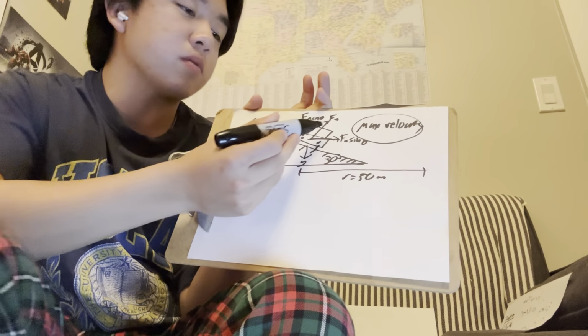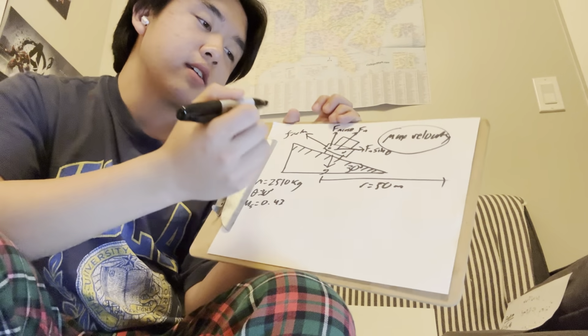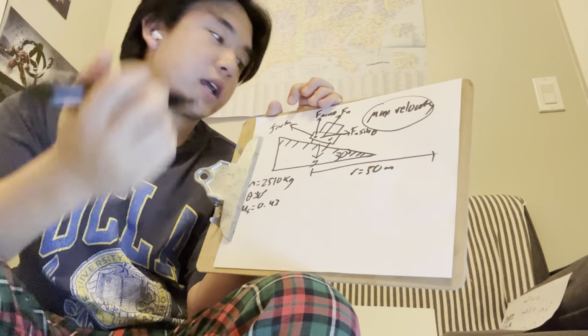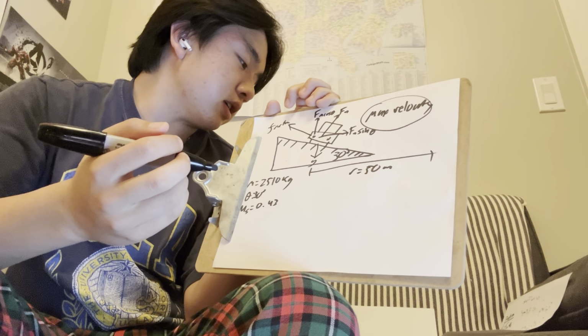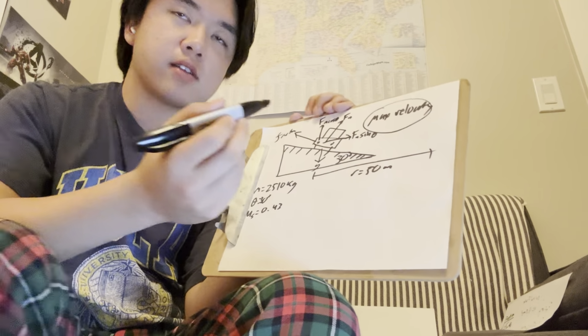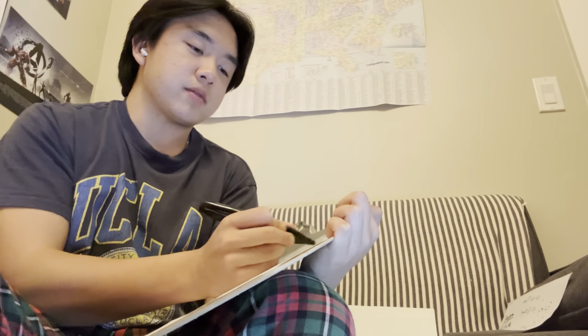Okay, so just like the normal force, we have to split that up into components too. How are we going to do that? Well, similar to the normal force, we split it up using trigonometry.